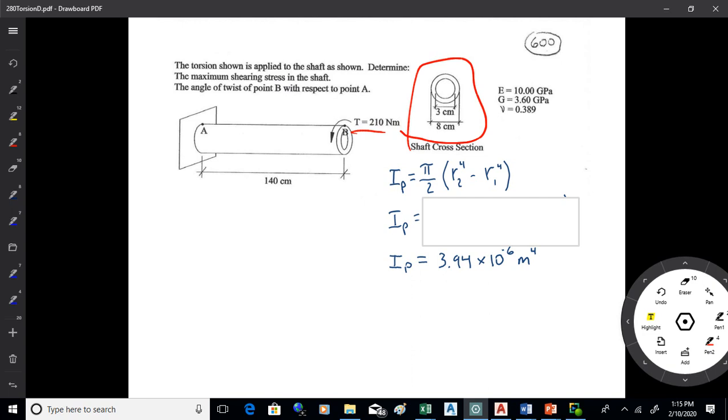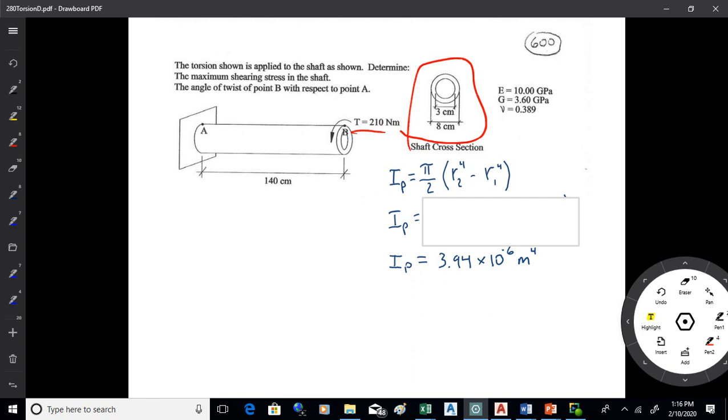And then remember to take it to the 4th power. That's what the equation calls for. Just a little bit of a calculation there. Yeah, we want at least 3-figure accuracy. Sometimes I go 4, but 3, I'm not too worried about it.